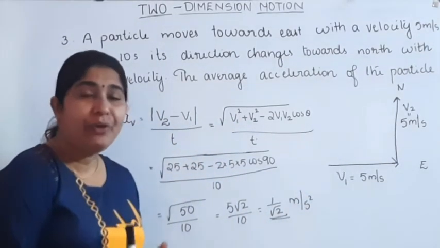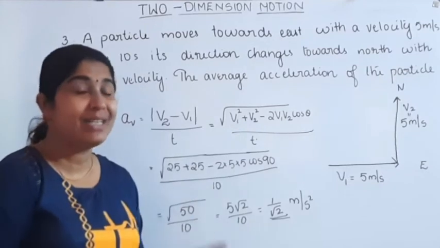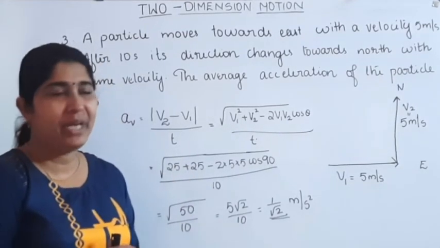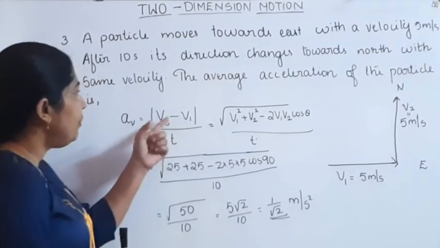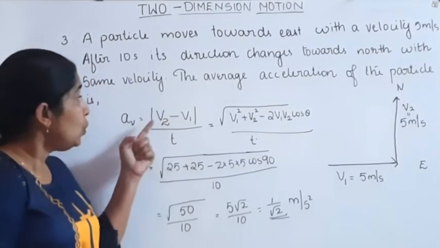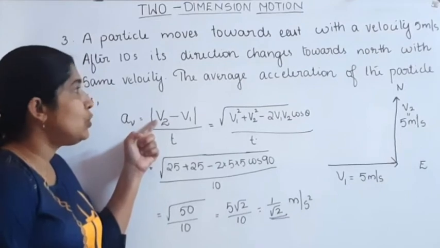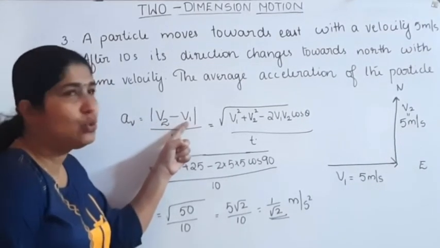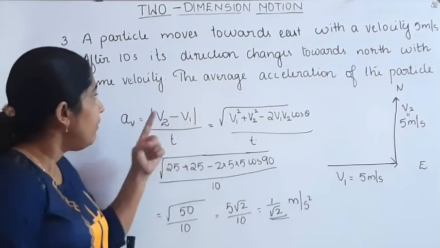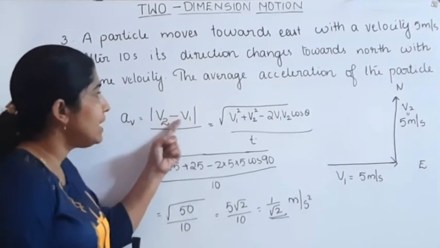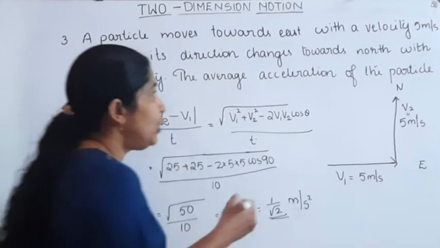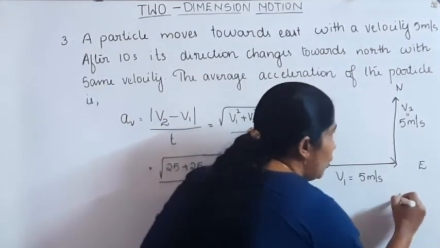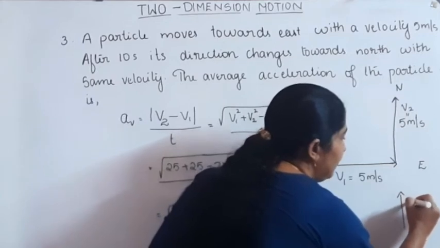Now we want to find out the direction of the average acceleration of the particle. For this, what about V1 and V2? V2 is the velocity towards north and V1 is the velocity towards east. When we consider V2 minus V1, V2 is taken in the north direction with a velocity 5 meter per second.